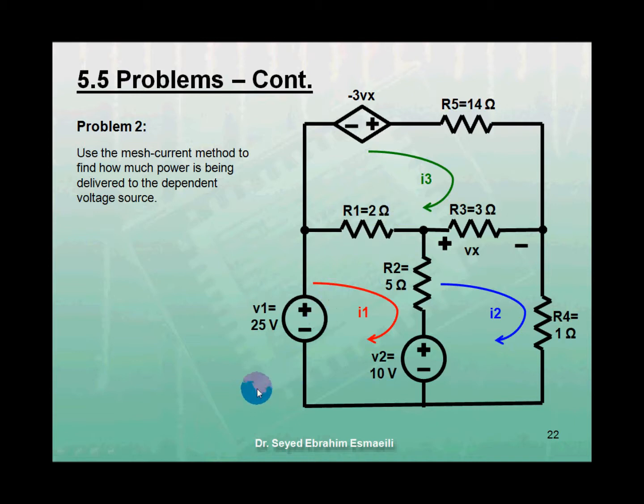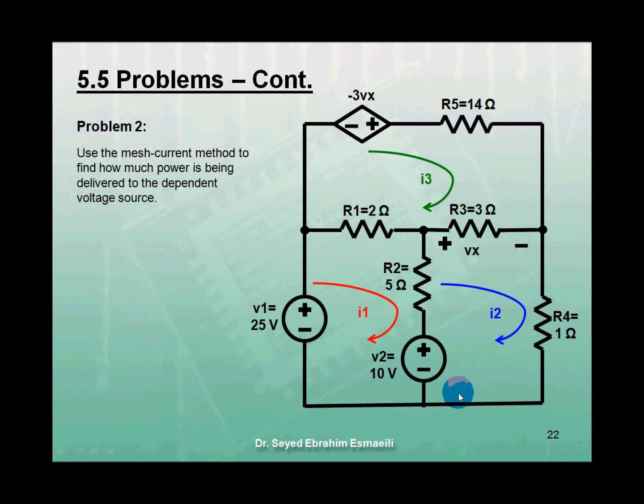Applying KVL on these meshes, for mesh 1 we have minus V1 plus R1 times (I1 minus I3) plus R2 times (I1 minus I2) plus V2 equals 0.